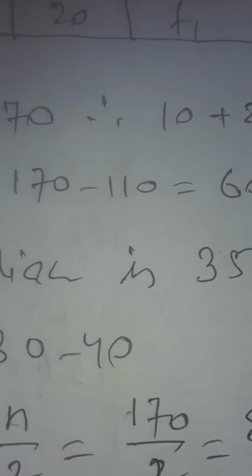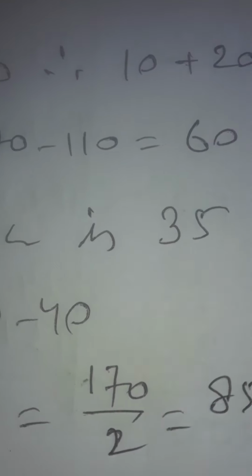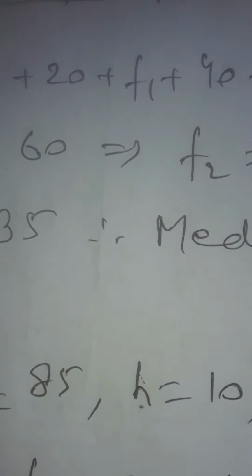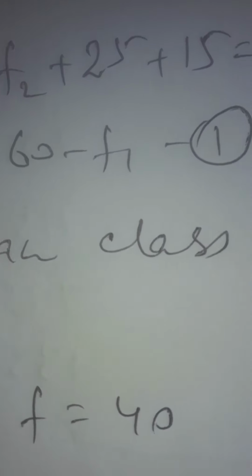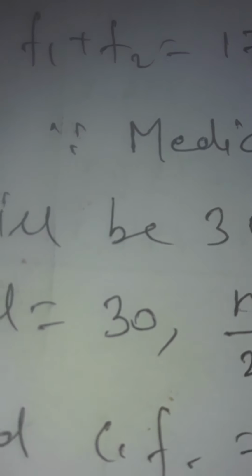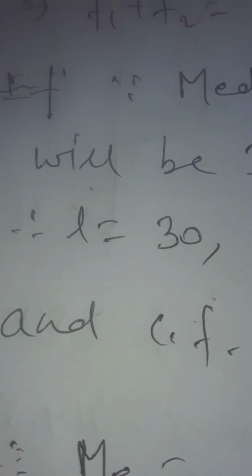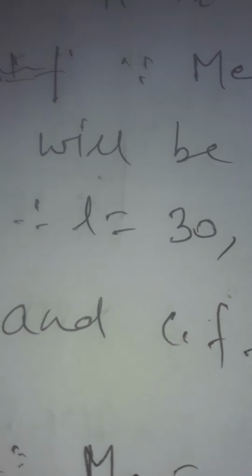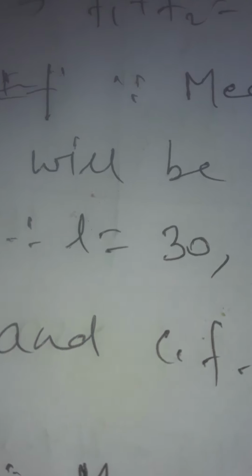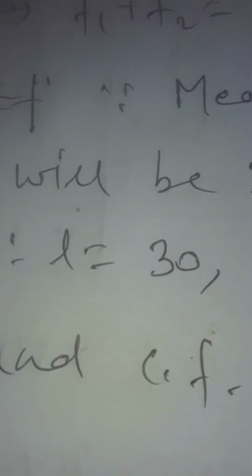Now we will see, it is given that median is 35. Therefore, the median class will be equal to the 30 to 40 group. It means that when the median class is known to us, the lower limit of the median class will be treated as L, which is equal to 30.